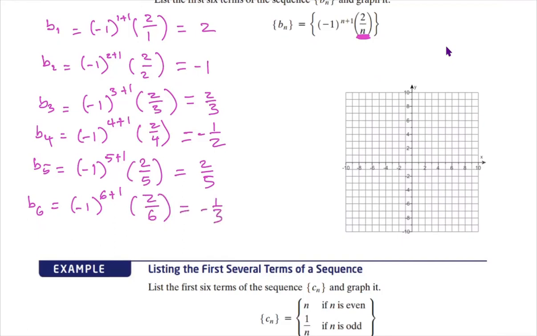So we're going to try to graph it here. So we see the values.